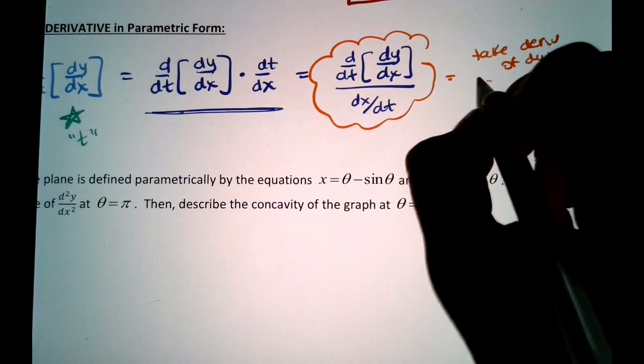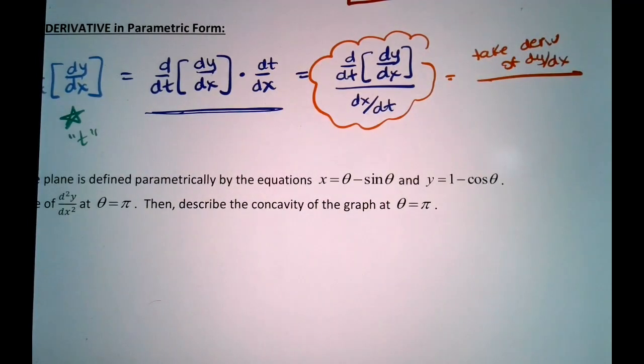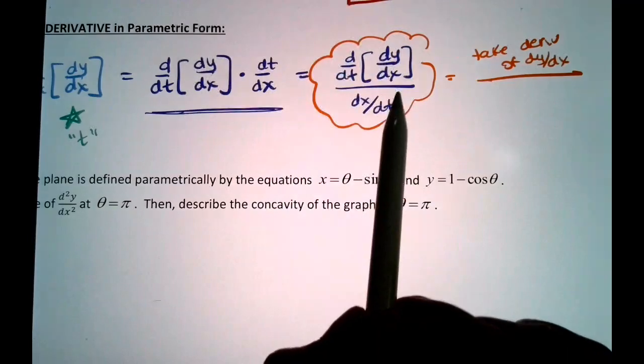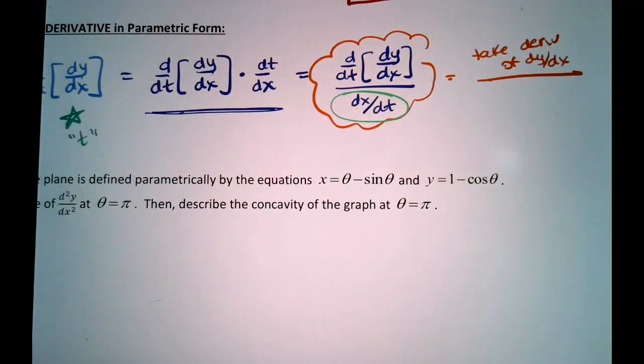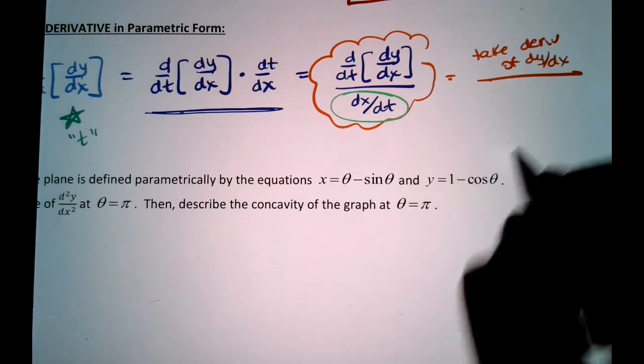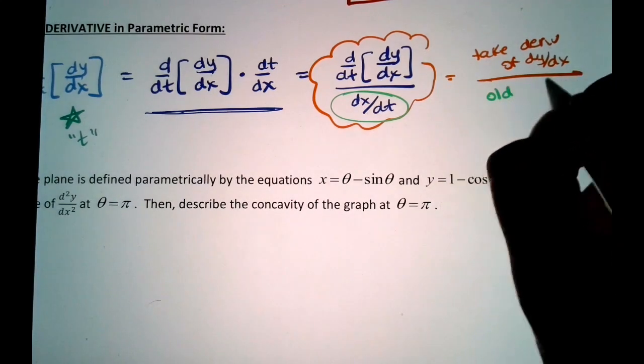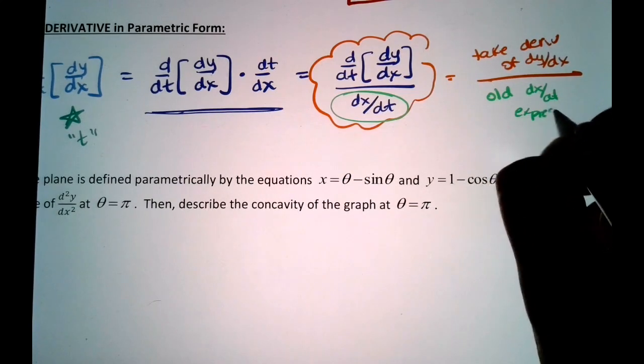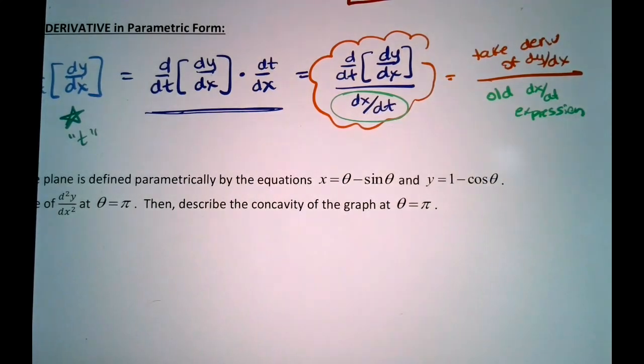But remember I said the parametric second derivative has a little extra. See this guy down here? That's your old dx dt. So I'm actually going to write it like that. The extra here is make sure your denominator has the old dx dt expression in the denominator. It needs to be there. That's what I'm saying. It's a little bit quirky.